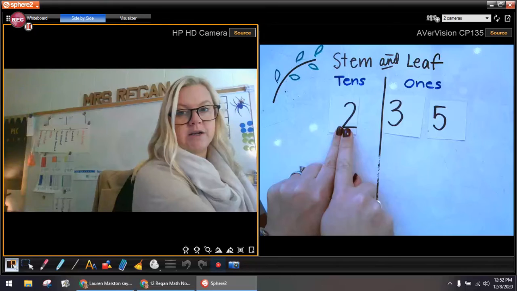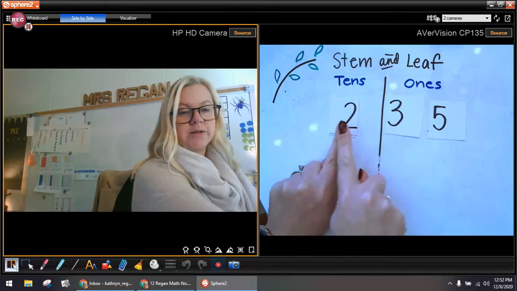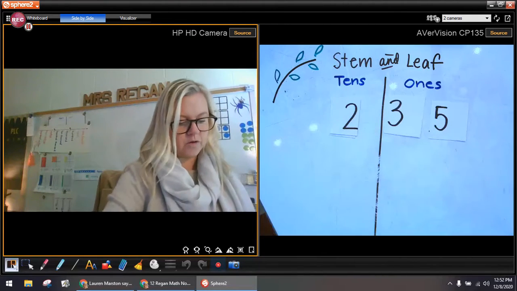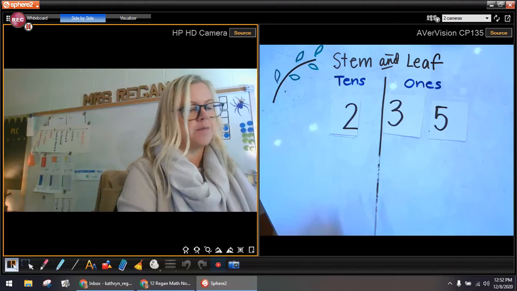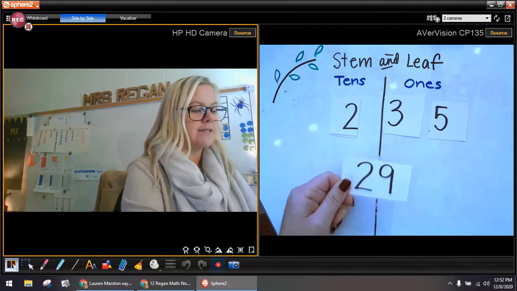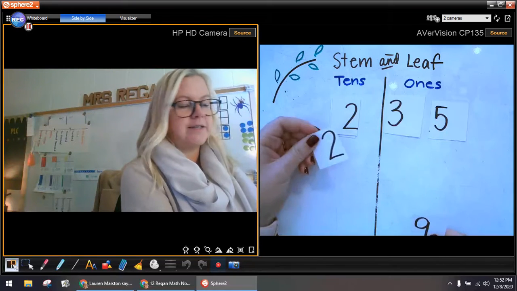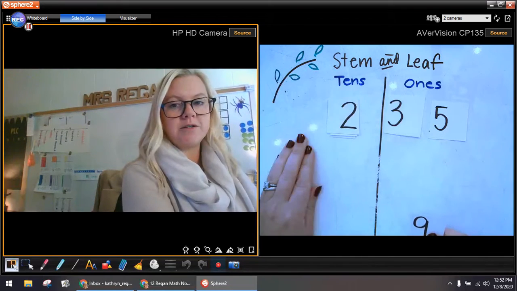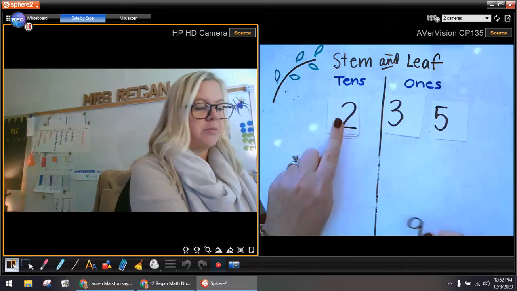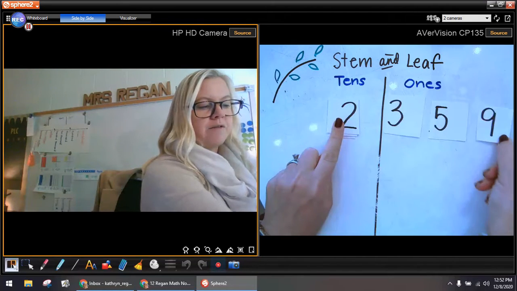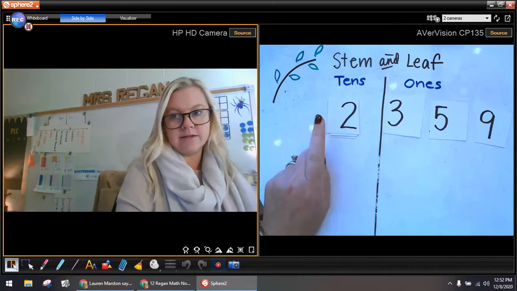I just have a 23 and a 25. Okay, so then your next number, same thing. If I think of it in tens and ones, I already have a 2 tens here, so I'm just going to keep that 2 tens, the same stem, the same tree branch, but I'm going to add a new leaf here at the end.